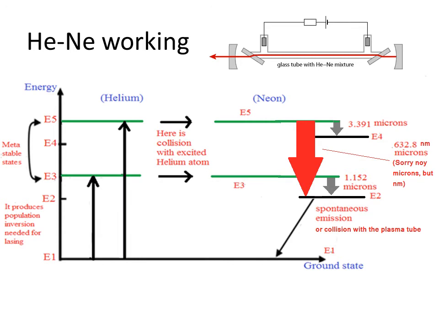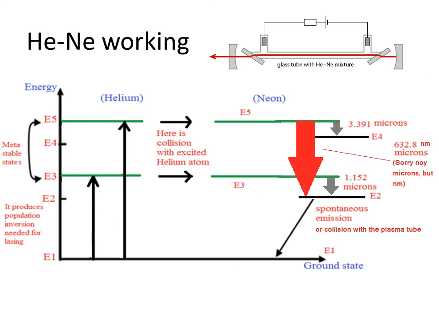Actually, as I told you earlier, the most common wavelength in which the helium neon laser operates is 632.8 nanometer. Here it is written as micron, you just correct it as nanometer. It is 632.8 nanometer, the most common wavelength.